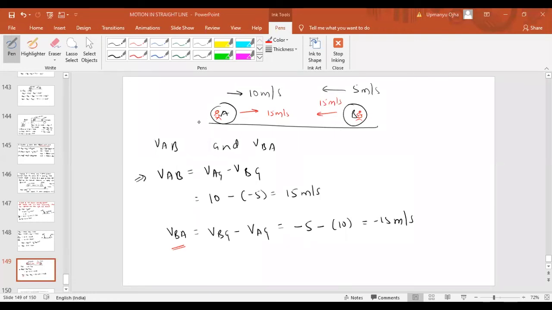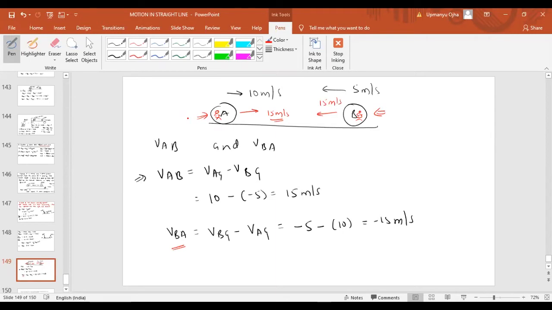Similarly, the observer at B will feel that object A is moving on the right side with the speed of 15 meter per second. The distance will decrease, that is obvious, but I'm not telling you about the distance. I'm just telling you about the velocity the observer will feel when observing from point B or from point A.